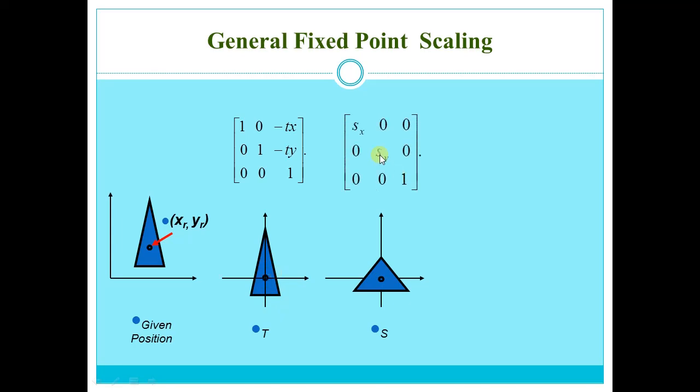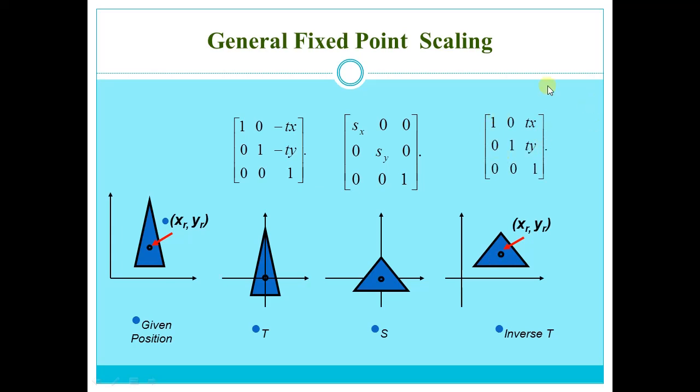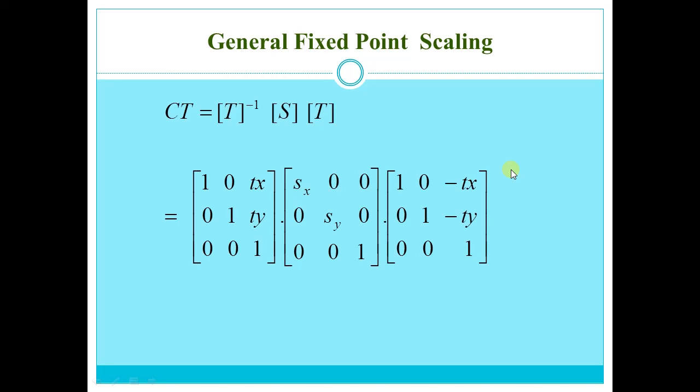We apply the scaling matrix, and then again you use inverse translation to come back to its home position. You apply the inverse translation matrix. For CT, first of all we are doing translation, which we write on the right side, followed by scaling on the left side, and then followed by inverse translation. We'll get CT.